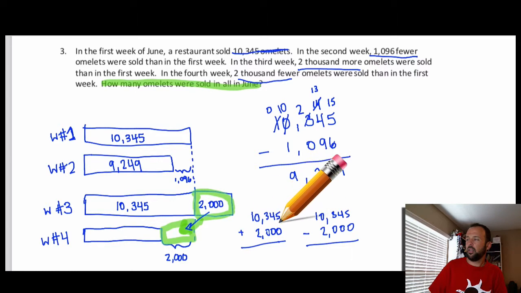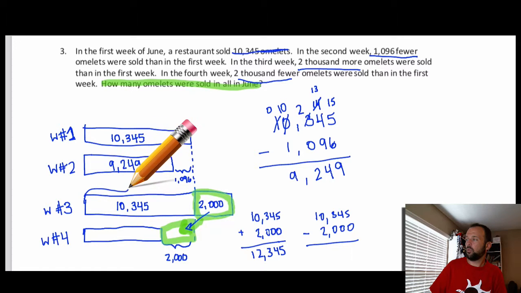So if I added these two together, I would get 12,345, okay, which means my total for week 3 would be 12,345.